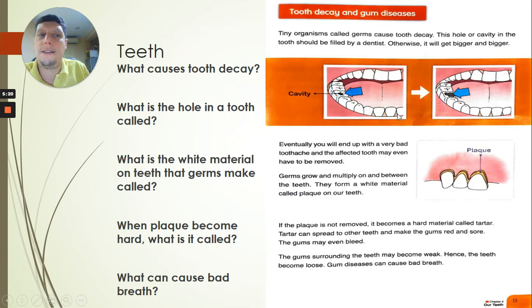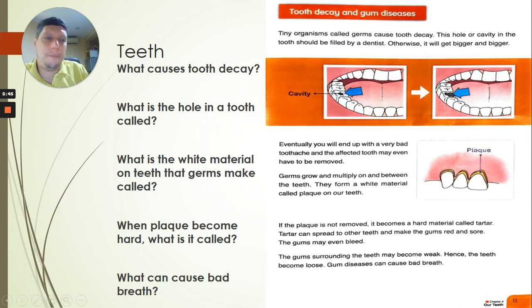Well, germs can also be in here. They can stay in there. And when they stay in there, the germs create a white material that looks like your teeth, but it's not actually your teeth. It's in your gums, it's in between your teeth, and that is called plaque, okay? Plaque.